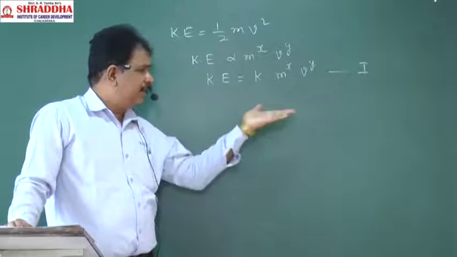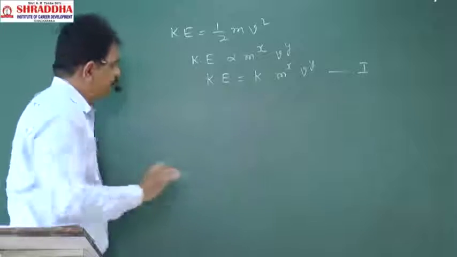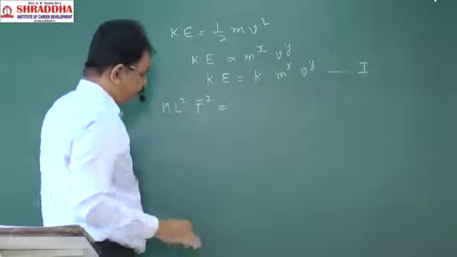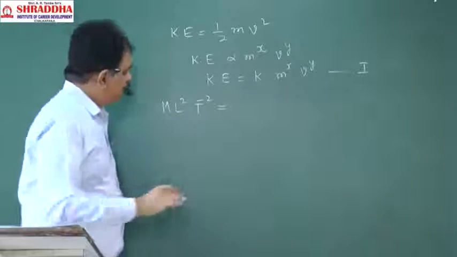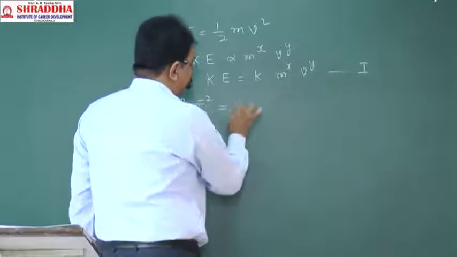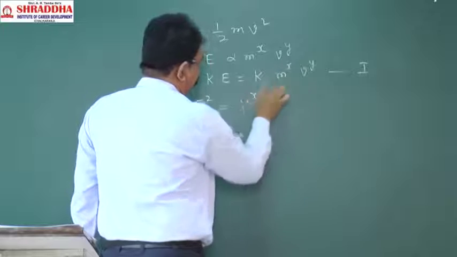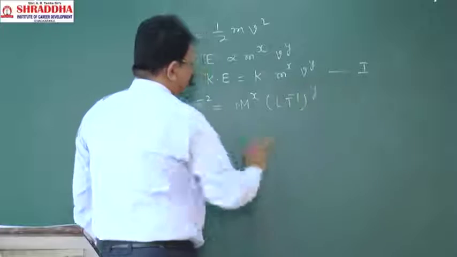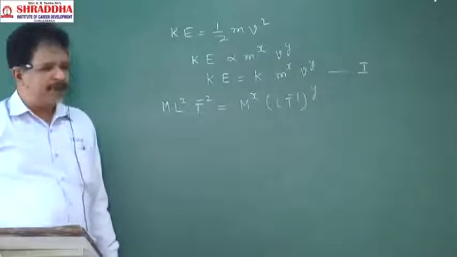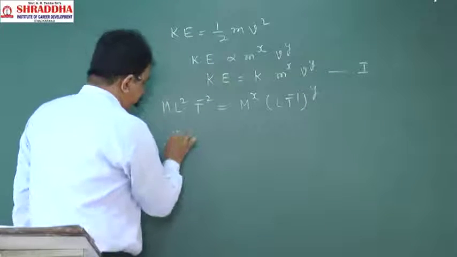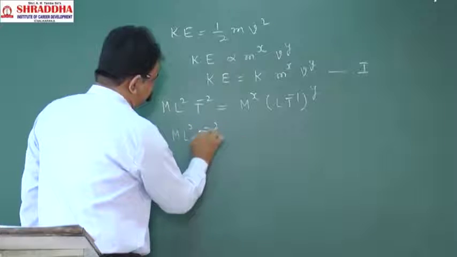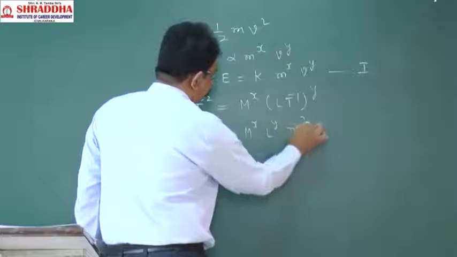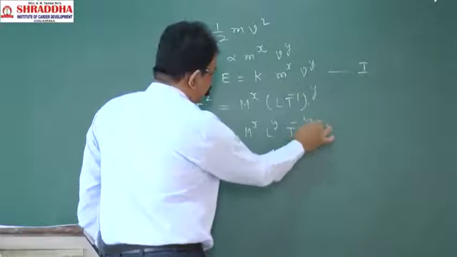Then write the dimensional formulas on both sides. KE dimensional formula is M L square T power minus 2. Proportionality constants do not have dimensions. M dimensional formula is capital M. Velocity dimensional formula is L T power minus 1. So what we will get: M L square T power minus 2 is M power x, L power y, T power minus y.